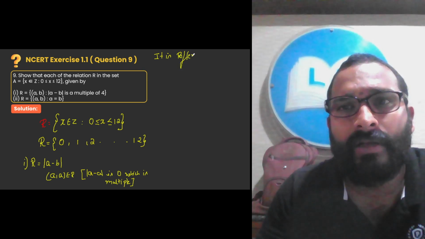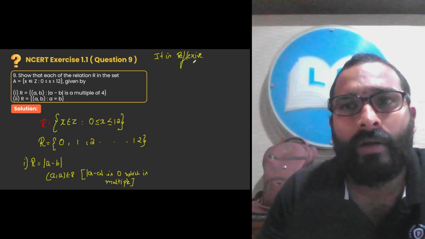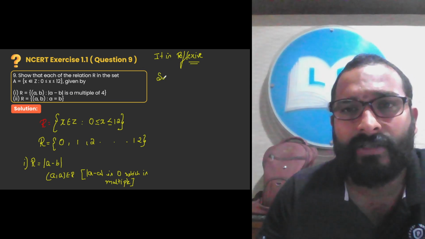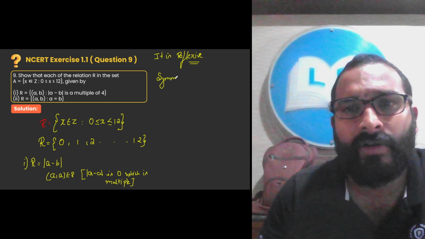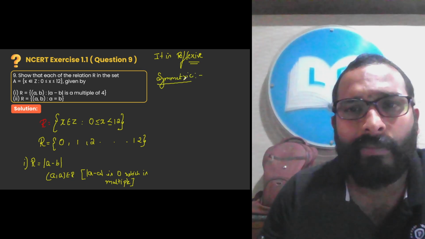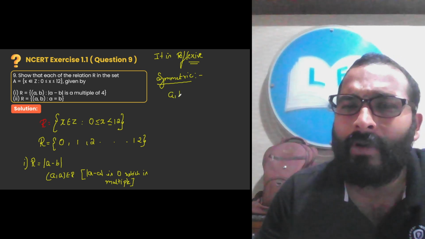Now let us check for the next condition, whether this relation is symmetric. When you are checking for symmetric, try to understand, children, if (A, B) is a multiple of 4, then will (B, A) also be a multiple of 4? Yes, very true.